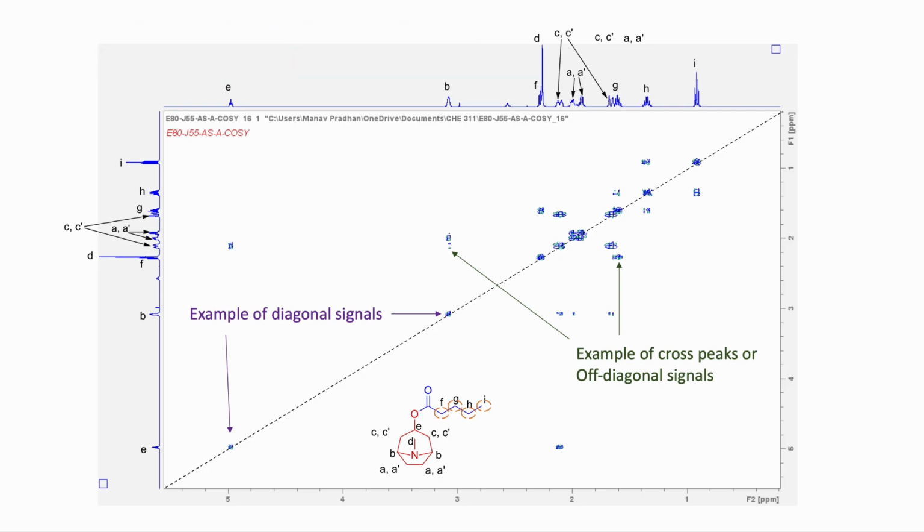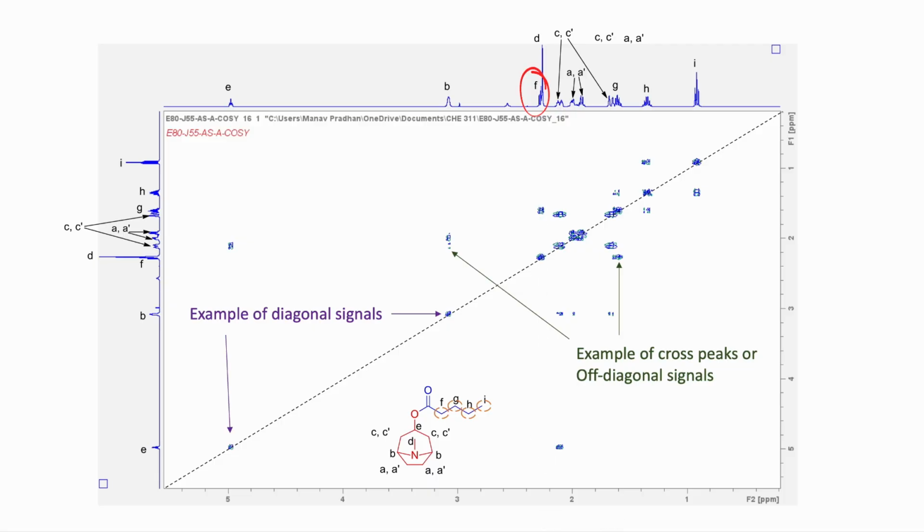And in most cases, the entry points are the signals on the left side of the spectra. In this coupling system, since we are looking only at the N-butyl section, the most obvious proton is proton F, which has a chemical shift of around 2.2 parts per million.